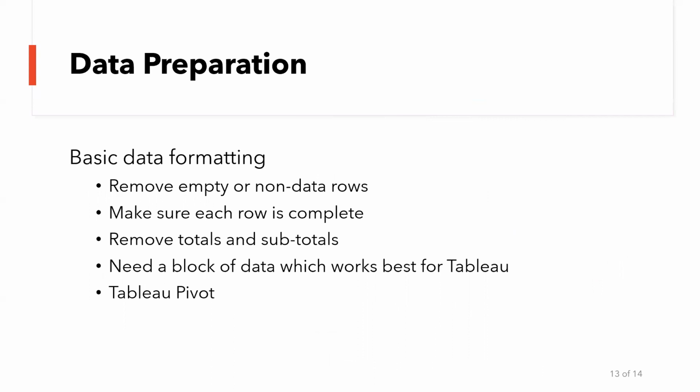You want to make sure that you remove any empty rows or non-data rows. Make sure each row is complete. Remove totals and sum totals. Really, Tableau needs a big block of data. And then we will also talk about Tableau Pivot, which is, if you've used anything in Excel, kind of like that, but slightly different. So we'll look at that.